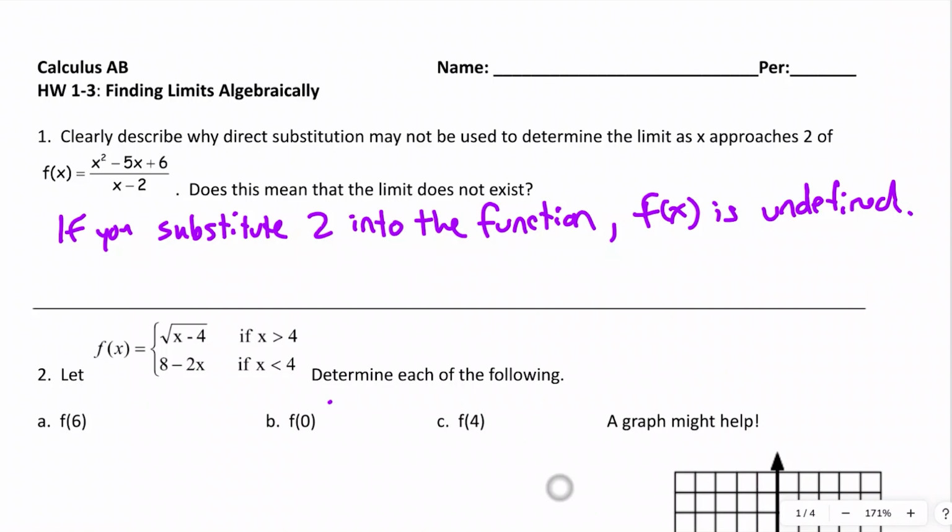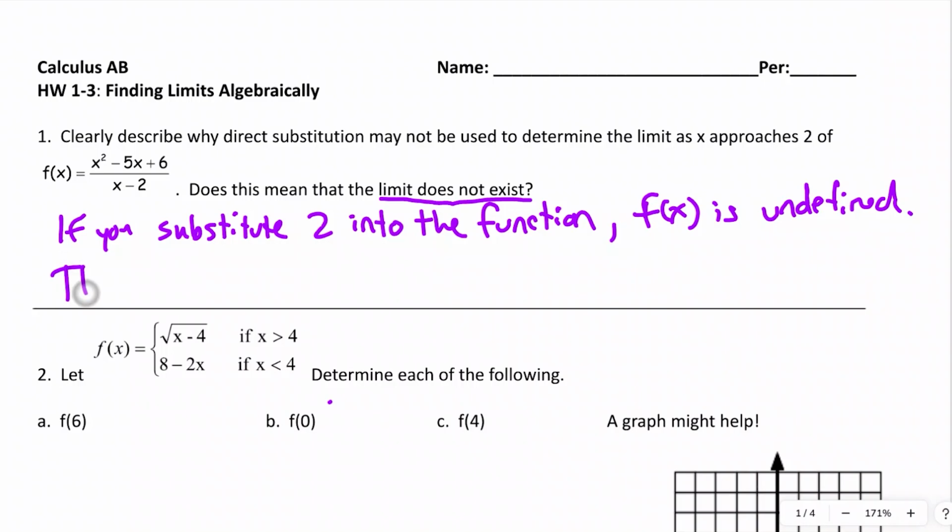Now, does this mean the limit does not exist? It could mean that. If that value is only making the denominator 0, then you're going to have a vertical asymptote or a non-removable discontinuity. But if that also makes the numerator 0, then what you have instead is a removable discontinuity, in which case the limit would exist.